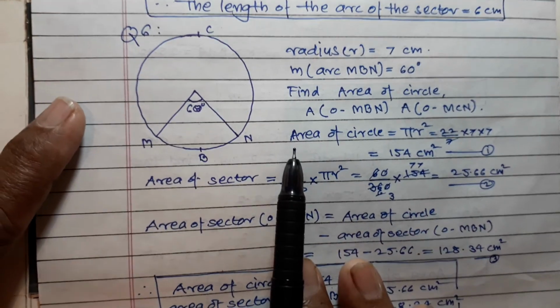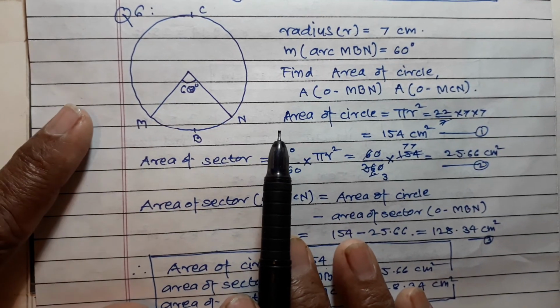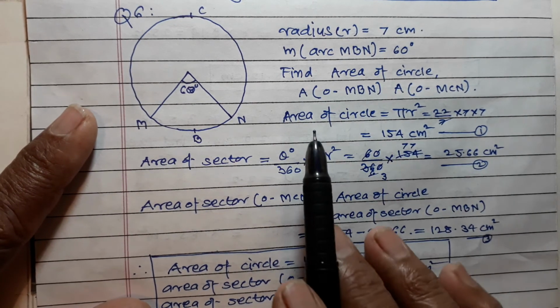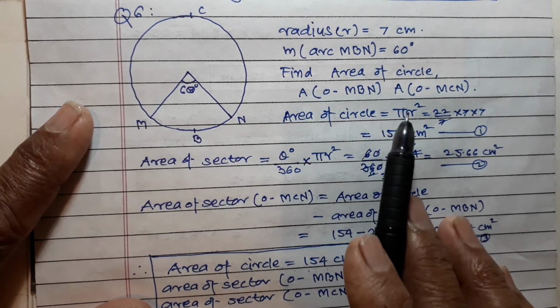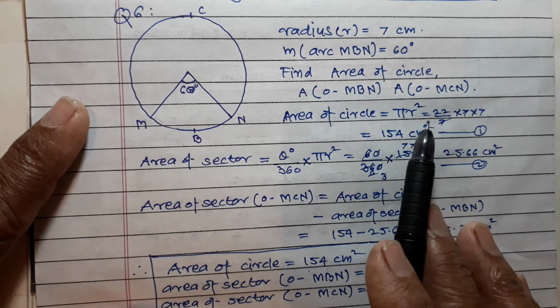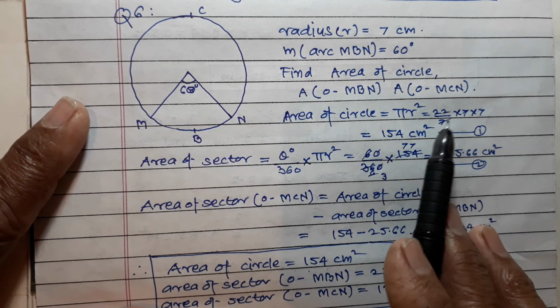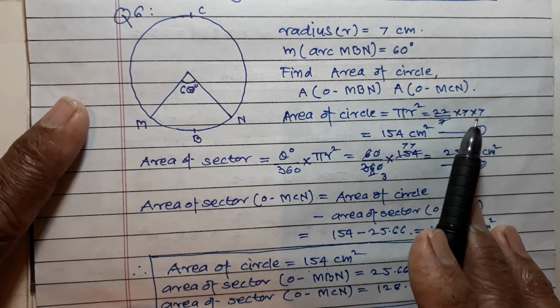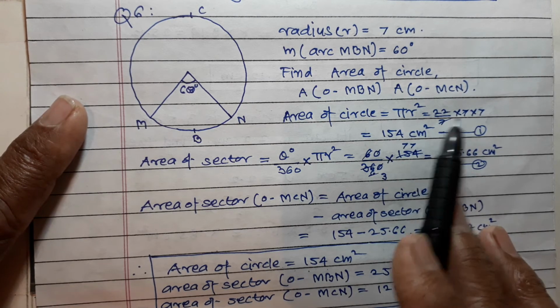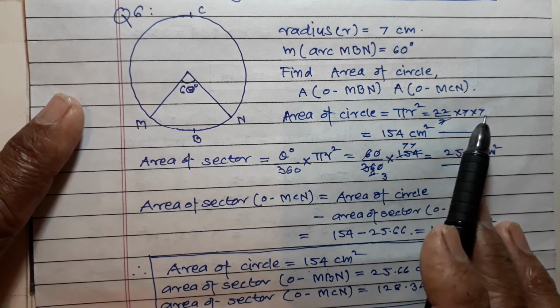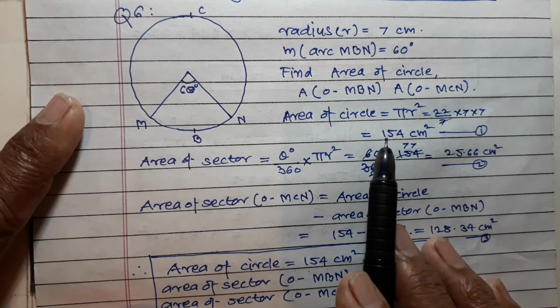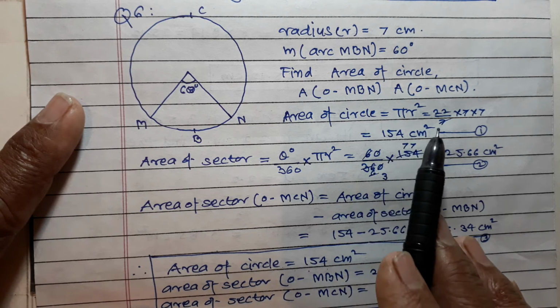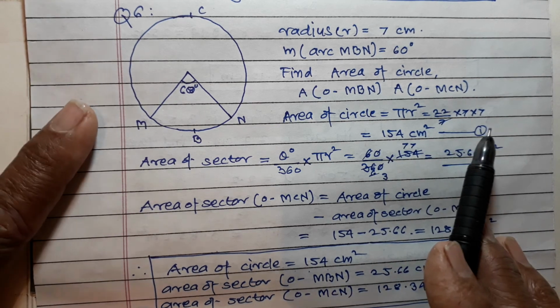Okay. Now first you find area of circle. Area of circle is equal to pi r square, is equal to 22 upon 7 into 7 into 7. 7 get cancelled, and is equal to 22 into 7 is equal to 154 cm square. Number 1.